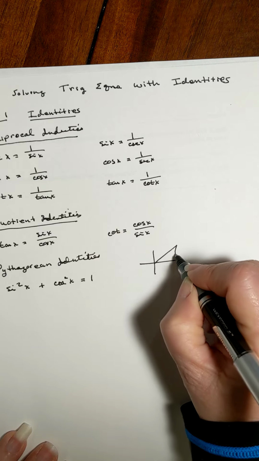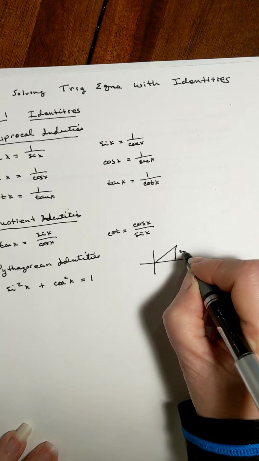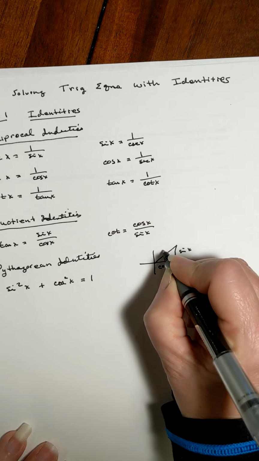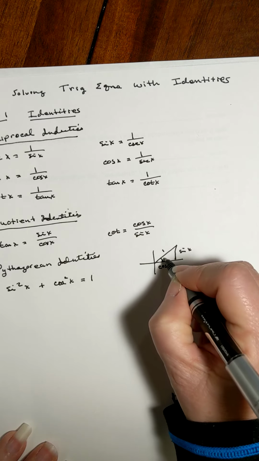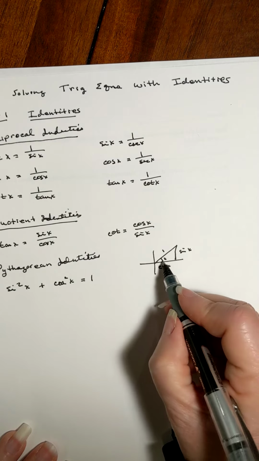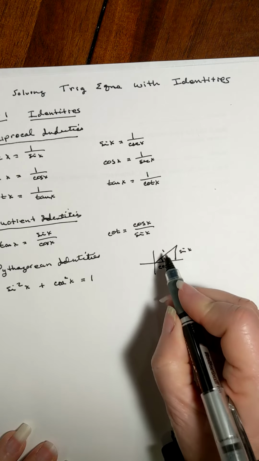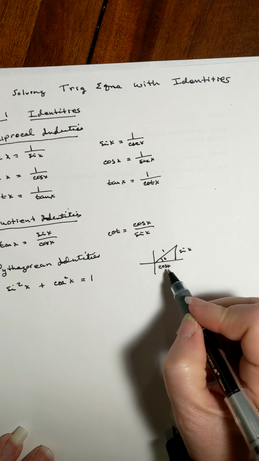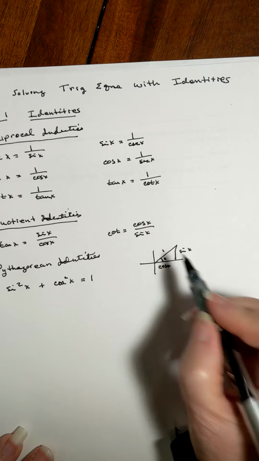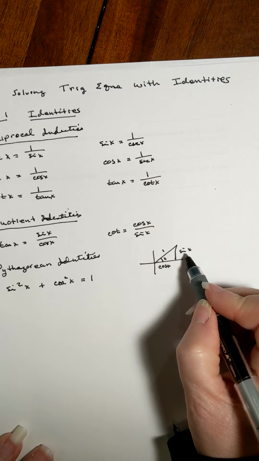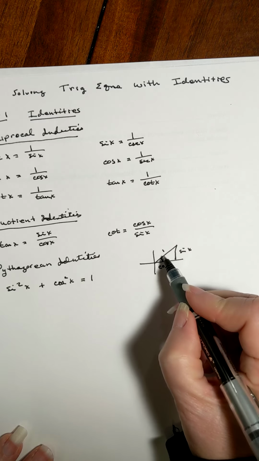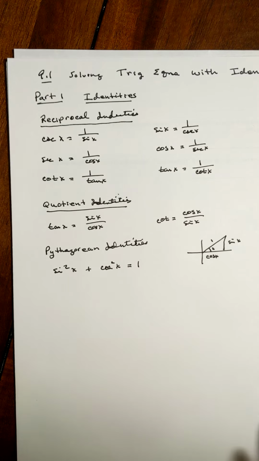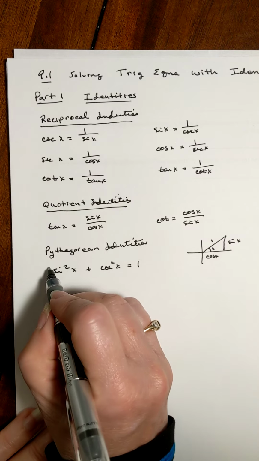We know that this is the sine of x, this is the cosine of x. We're looking at our unit circle, and this is the angle x. Opposite over hypotenuse, adjacent over hypotenuse. And we know according to the Pythagorean theorem that a squared plus b squared is equal to c squared. So therefore, sine squared of x plus cosine squared of x is equal to 1 squared, which is 1. And so that gives us our first Pythagorean identity.